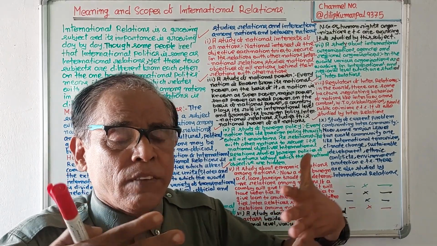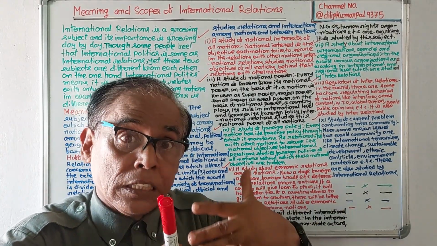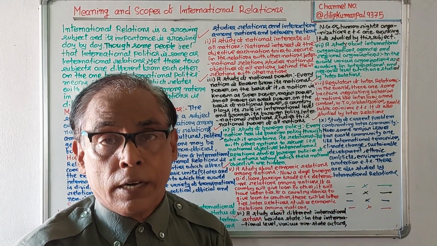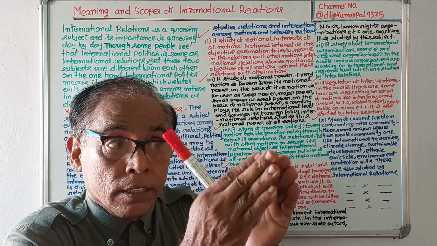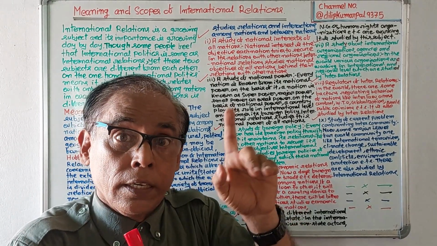So in the international level, many nations are found, and these nations have a relationship with one another. So international relations studies relations among nations and between nations at the international level.